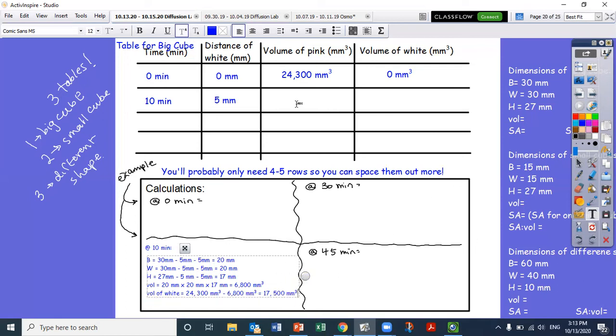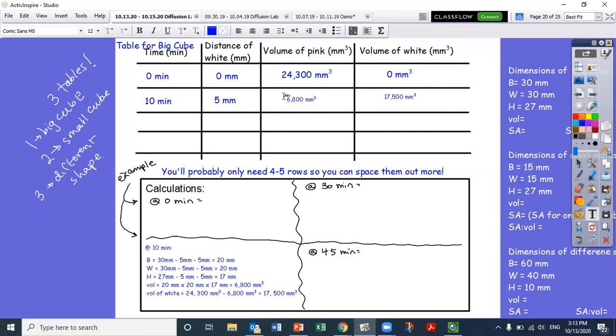And we would be able to put that in for the volume of the pink over here, it's going to be 6,800 millimeters cubed. And over here, we're going to have 17,500 millimeters cubed.